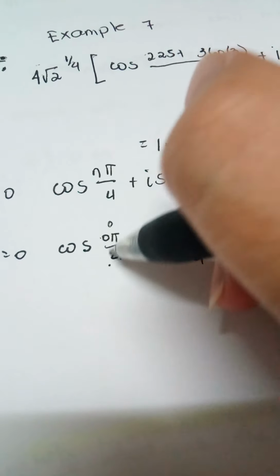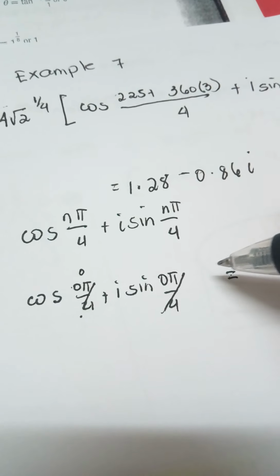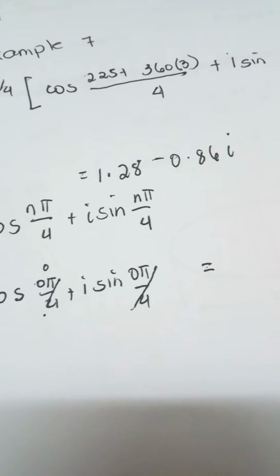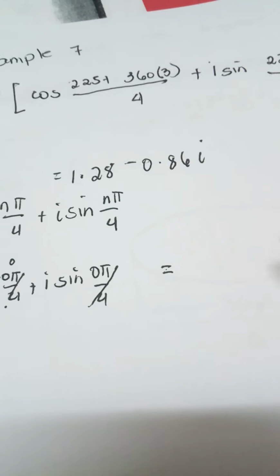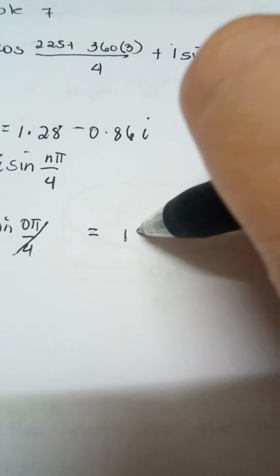All of this is 0. Cosine 0 is 1, sine 0 is 0. So the answer here is 1 plus 0i.